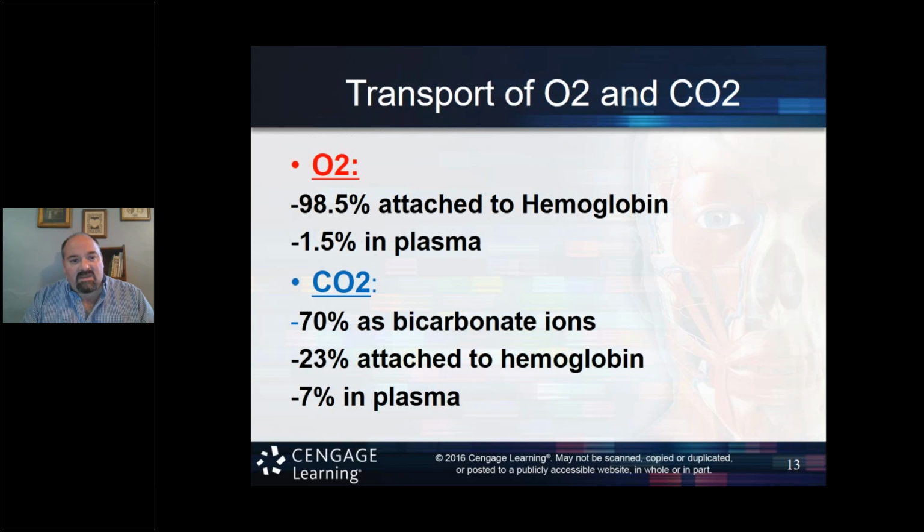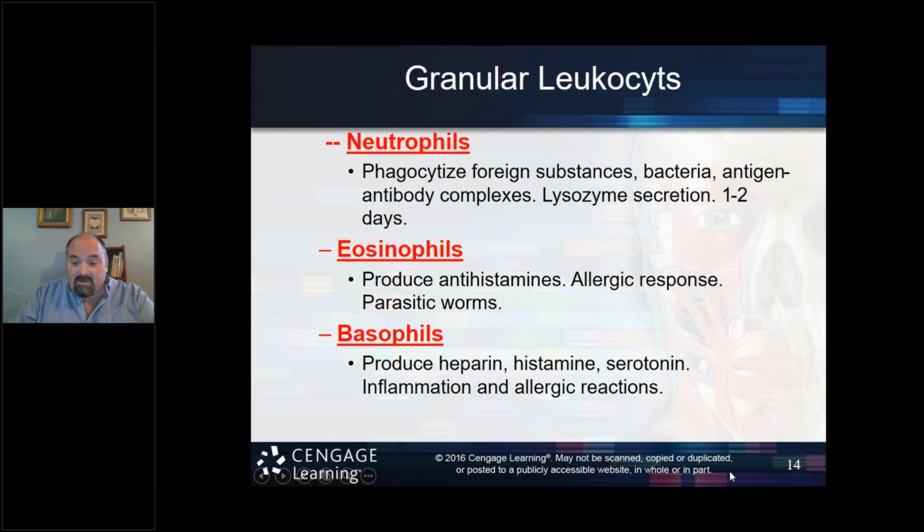So let's look here and see as far as oxygen and CO2. So you'll see here that oxygen is primarily attached to hemoglobin in the erythrocyte, and only about 1.5% of the oxygen is transported in the plasma. Whereas, what did I say before, that really only 23% of CO2 is attached to hemoglobin present within the erythrocyte, and then 70% as bicarbonate in the plasma, and 7% as CO2 in the plasma. Let me go back for a moment.